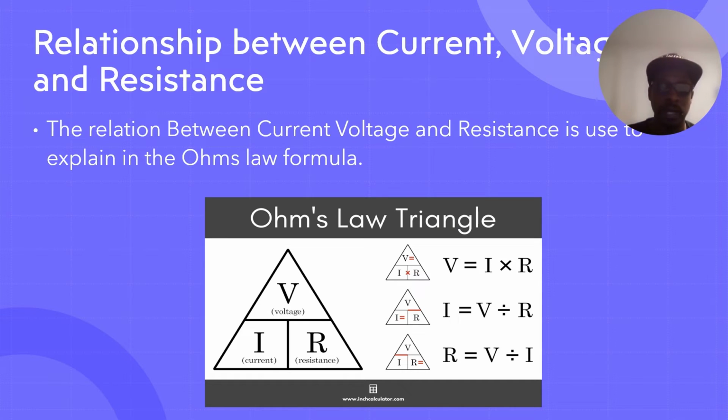And if we need to find the unknown I, then we shall determine V divided by R. And if we should determine R, we'll simply use V and I to determine R. And as the triangle shows you, V is over I and R. So based upon the arrangement, we can understand what that means. R in this case is V divided by I.